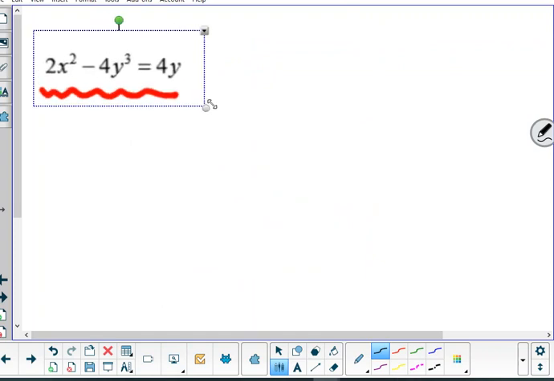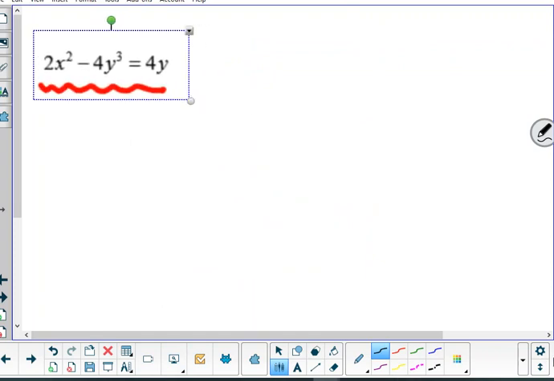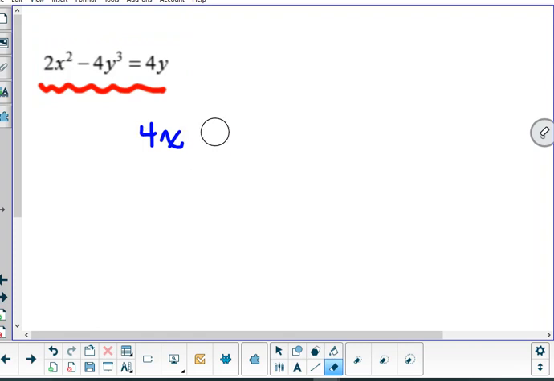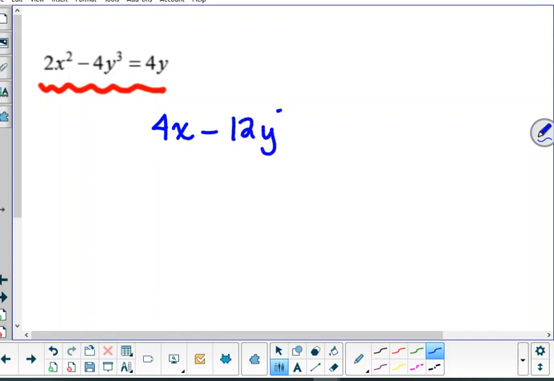So here it is. And I'm going to write the derivative, or I'm going to get my dy/dx. And it's kind of weird because you just kind of start. So 4x, try that again. 4x minus 12y squared dy/dx equals 4 dy/dx.